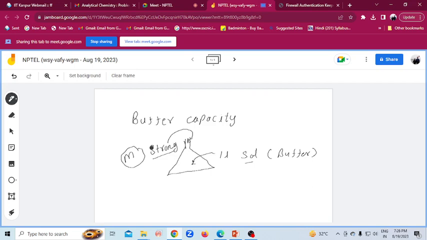So how many moles of strong acid or strong base can we add until the pH of this solution changes? That is considered the buffer capacity.